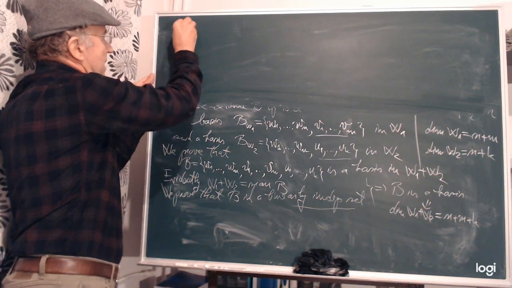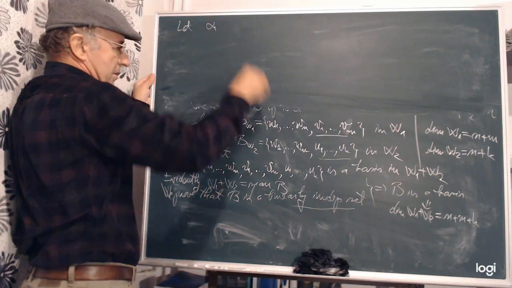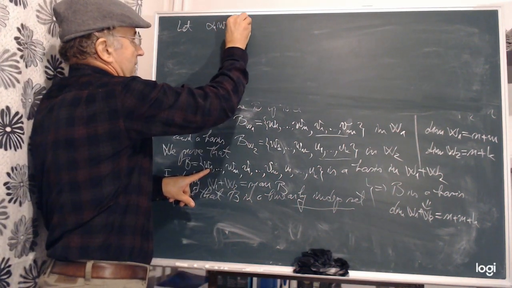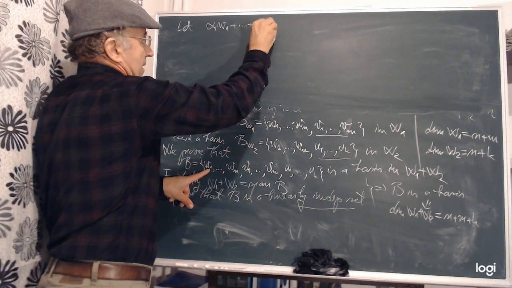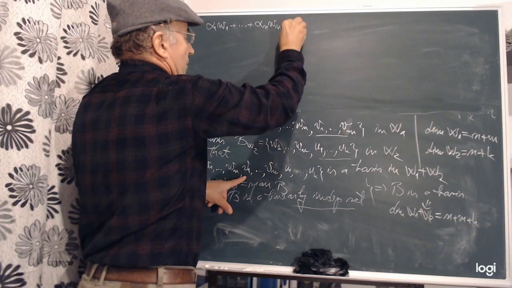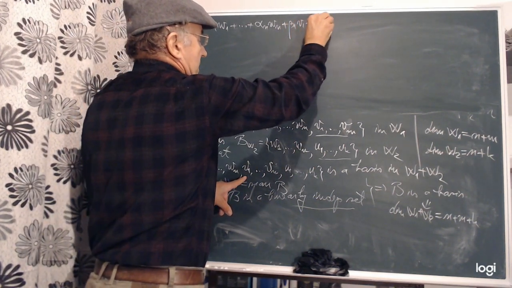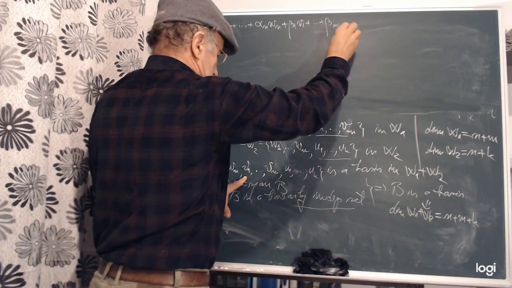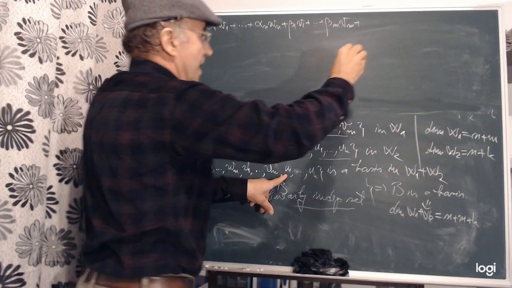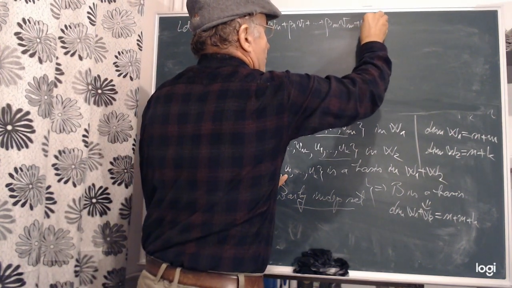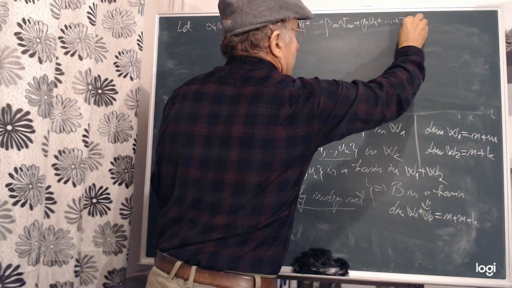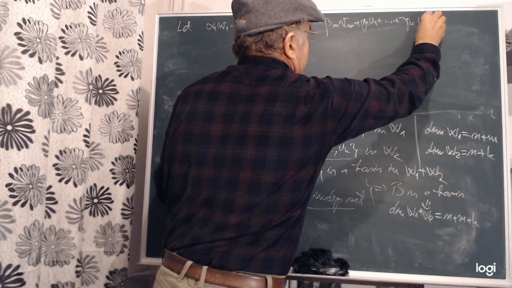So let alpha 1 w1 plus up to alpha n wn plus beta 1 v1 plus up to beta m vm plus gamma 1 u1 plus up to gamma k uk equal 0.